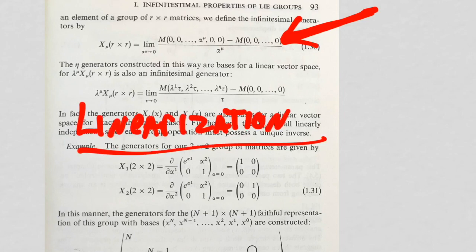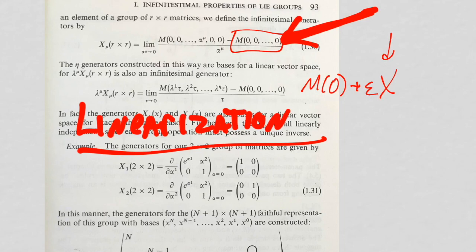So we have linearized the Lie group such that for small divergences, small movements away from the identity, we can say that the actual Lie group element is going to be equal to the identity element of the group, which I'll call m, just 0, plus some small number times a generator, whatever generator you choose.